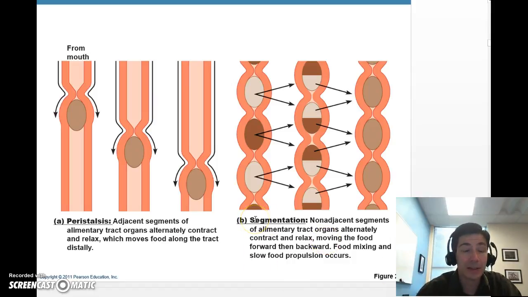Segmentation is different, and that's used to mix food. So if you look, this part here gets pushed down there, and this part here gets pushed up there. So this food here gets mixed together, and then these 2 things get mixed back together. So you're mushing food forward and back to help it all mix together better.